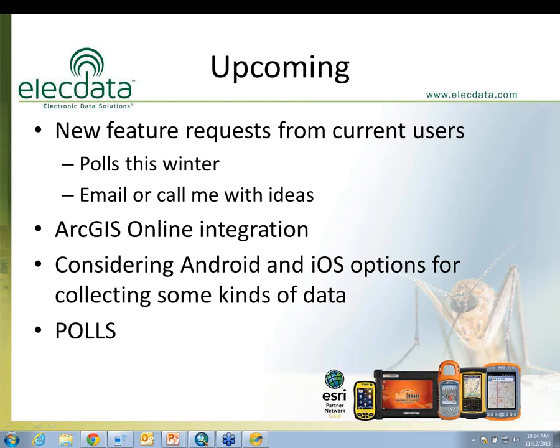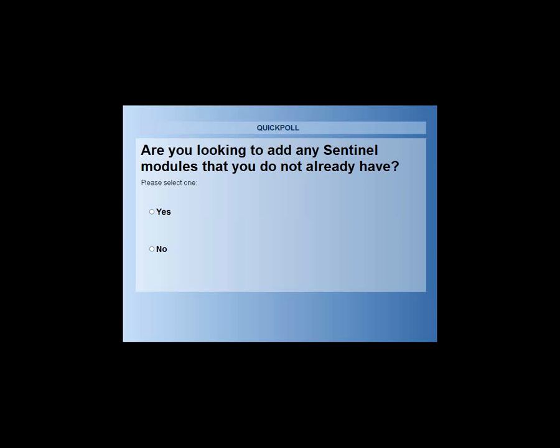Okay, close that poll. Got a couple others. Next one is, are you looking to add any Sentinel modules that you don't already have? A lot of people have larviciding or adulticiding or both of those. Not as many people have service request or surveillance. So if you are interested in looking at those other modules, please let us know.